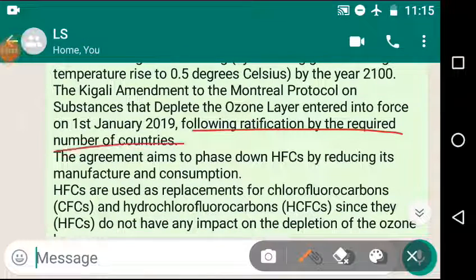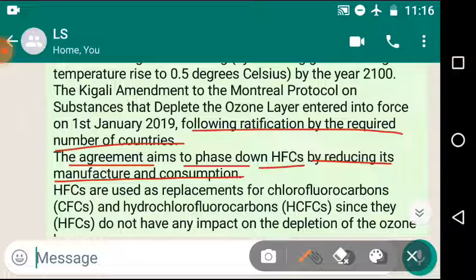So the main aim of the Kigali Agreement was not only to deplete the ozone substance but also to minimize the use of hydrofluorocarbons, which is causing global warming. And this agreement aims to phase down the hydrofluorocarbon by reducing its manufacture and consumption. How can you minimize? By reducing its manufacture, by reducing its consumption.